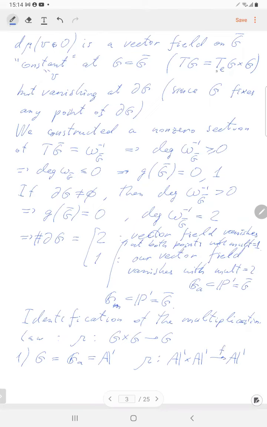So mu is just a function, but let's call it f, because we usually denote functions this way. So what do we know about this function? Yeah, we also have to fix the neutral element, and let's do this. Fix, say, the point 0 as the neutral element.